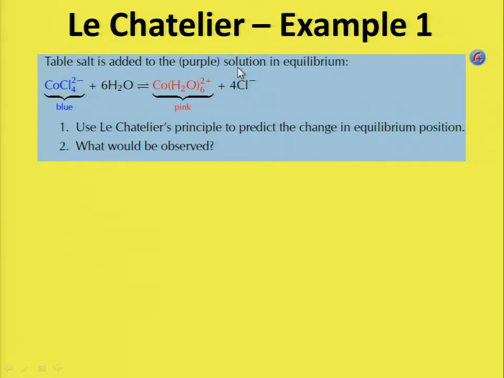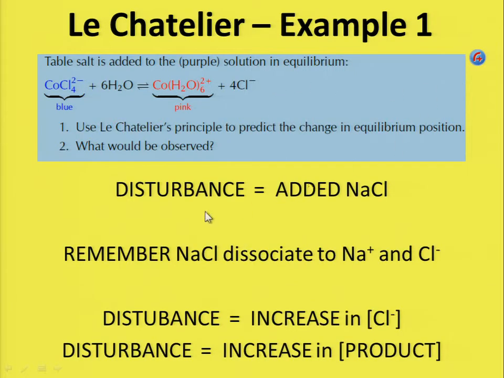If you add sodium chloride, you effectively add chloride ions, which means that the concentration of this chloride ion would then increase. So, the disturbance is the added sodium chloride.